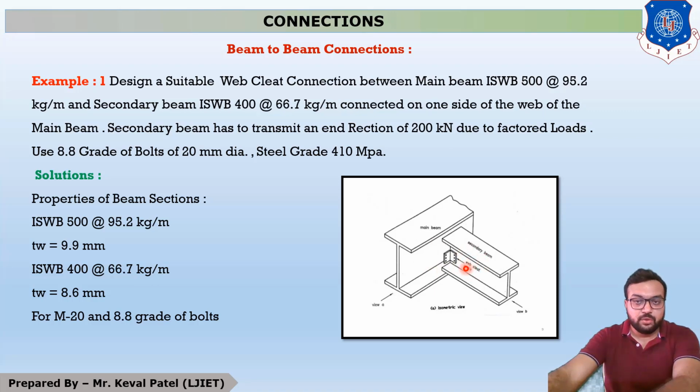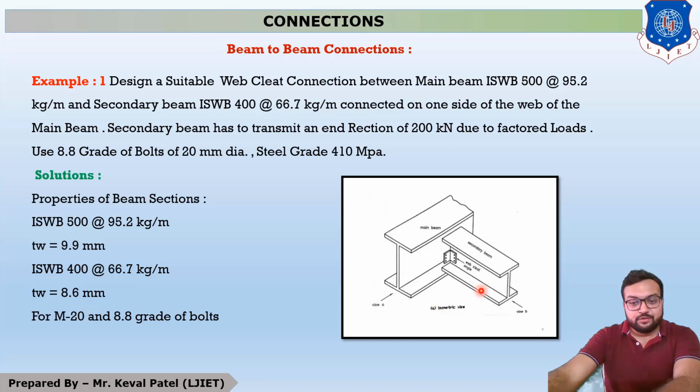Okay, so that's why we have to use for ISWB 500, which is our main beam. For the main beam, what is this thickness? This thickness is called the thickness of web, and it is 9.9 mm. And second is secondary beam. This is your secondary beam, and the secondary beam's web thickness is 8.6 mm.